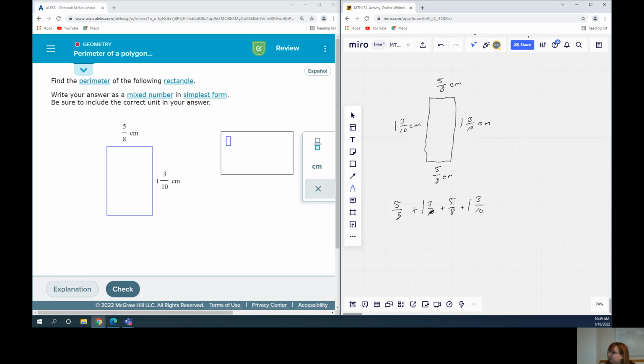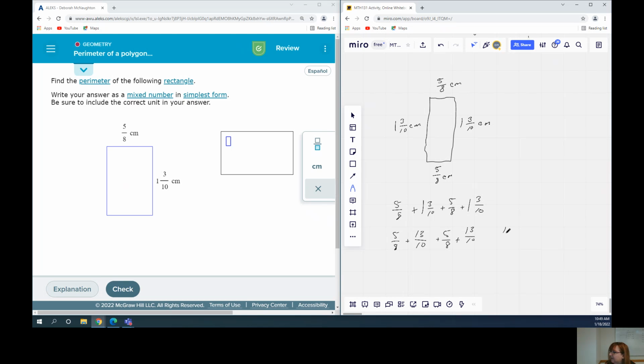Now we're going to convert these mixed numbers into improper fractions. So I have 5/8 plus 10 times 1 is 10, plus 3 is 13/10, plus 5/8 plus 13/10.